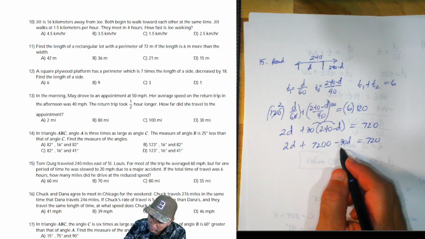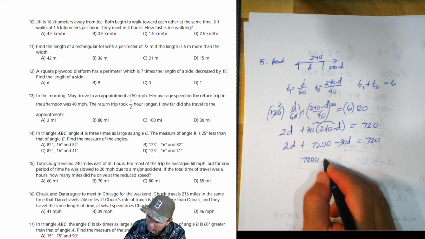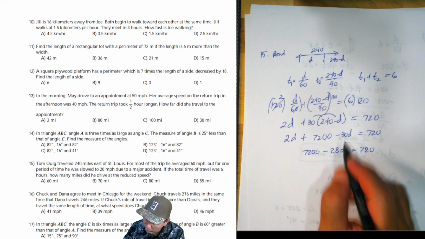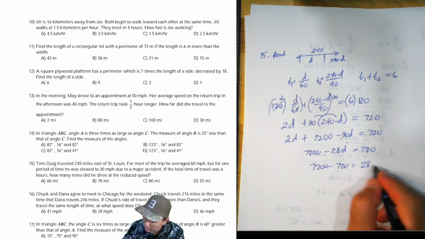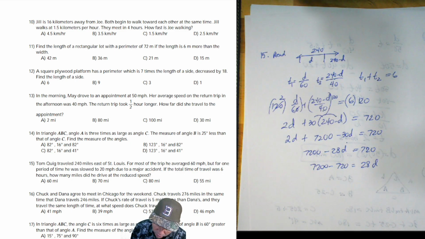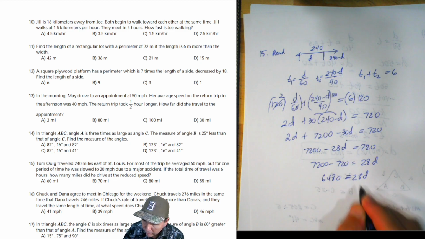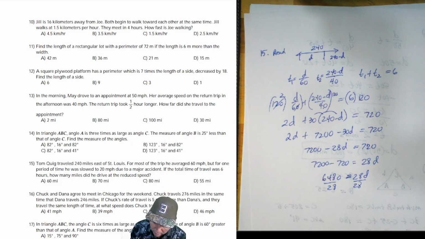I'm going to combine the d terms, so we got 7200 minus 28d equals 720. Let's move this to the other side: 7200 minus 720 equals 28d. Let's take our handy dandy calculator. 7200 minus 720 is 6480. It's equal to 28d. Divide both sides by 28, and it's going to give me some 231.